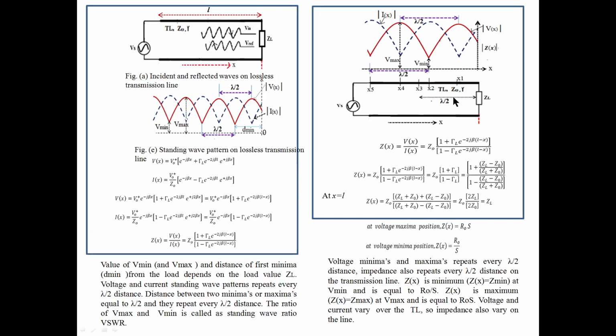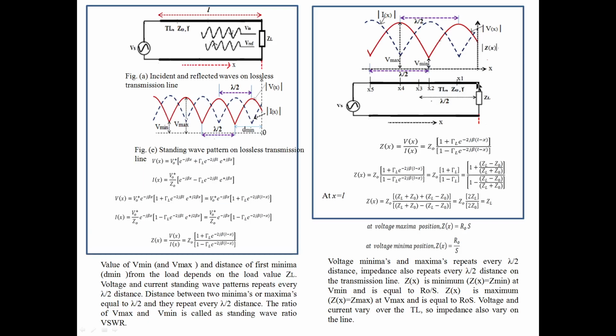If you know the distance, you can easily obtain the value of impedance at any distance from the Smith chart. If you know at what distance you are measuring impedance, you can easily obtain the value of impedance from the Smith chart without using these equations. That we will see.